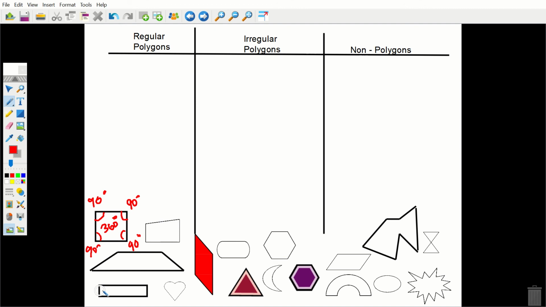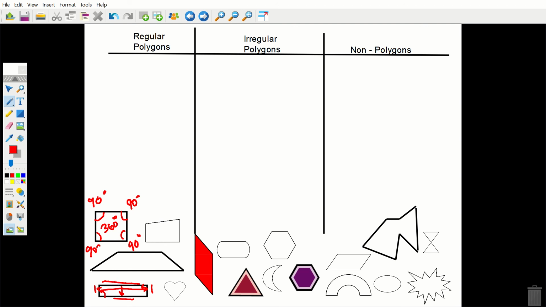So this side and this side are the exact same length, and this side and this side are also the exact same length. So they're equilateral, and not only are they equilateral, all opposing angles are equiangular. So this angle and this angle are the exact same. This angle and this angle are the exact same.